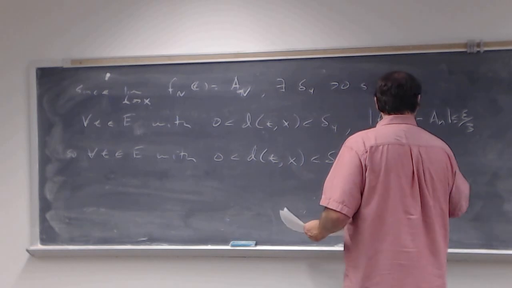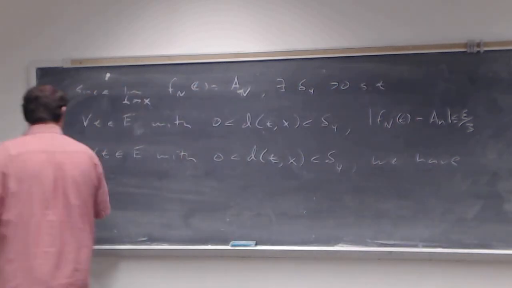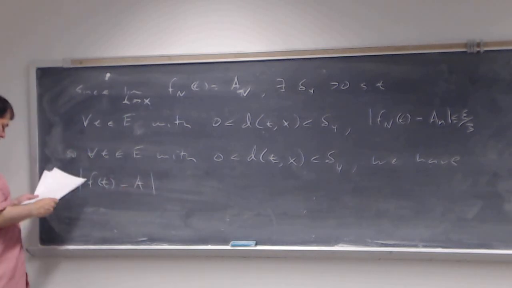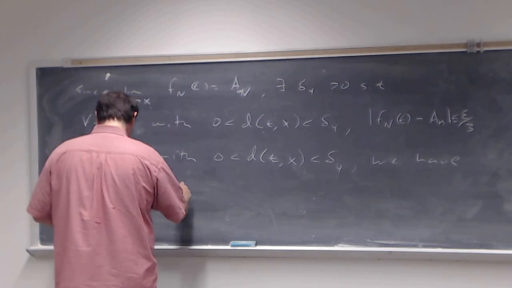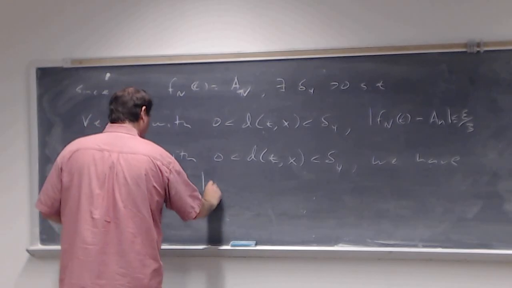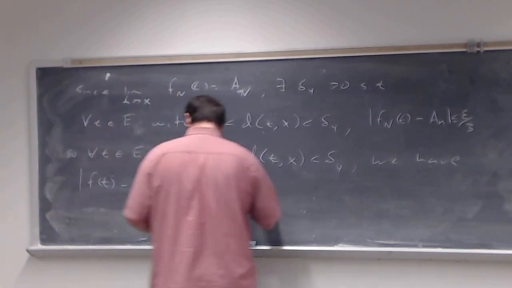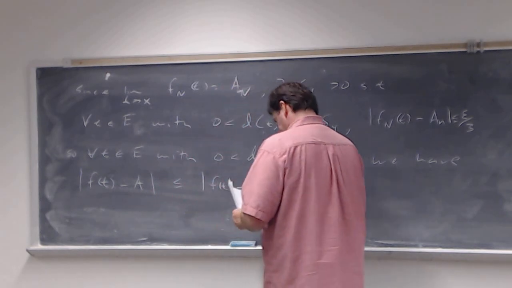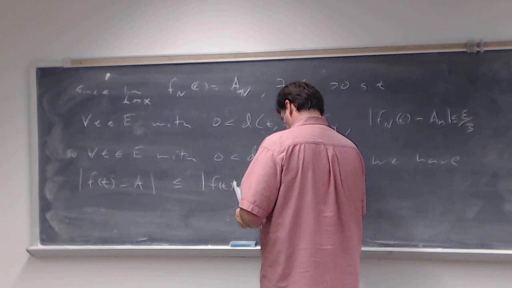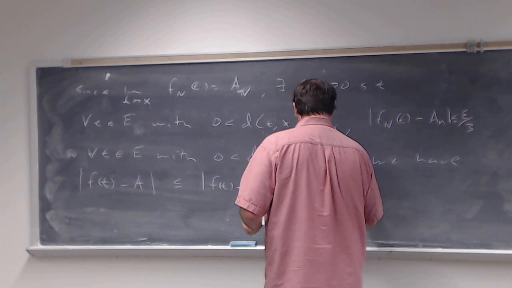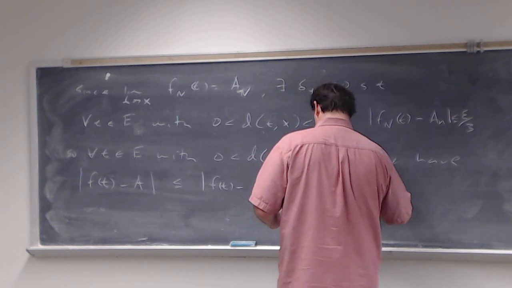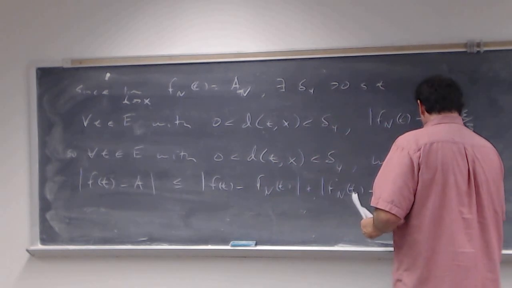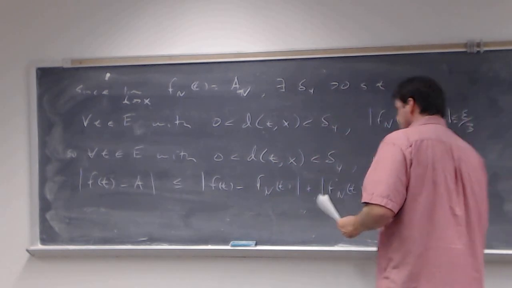we have that the norm of f of t minus a will be less than or equal to the norm of f of t minus f sub big N of t, plus the norm of f sub big N of t minus a sub n, and then plus the norm of big A sub n minus a.